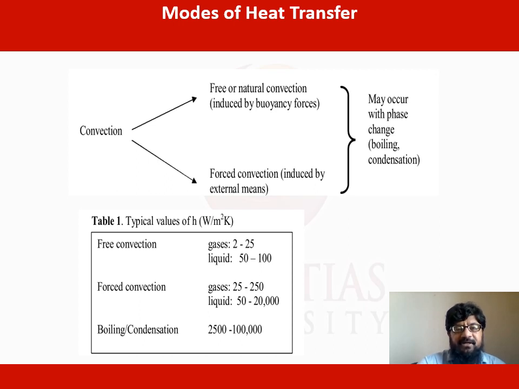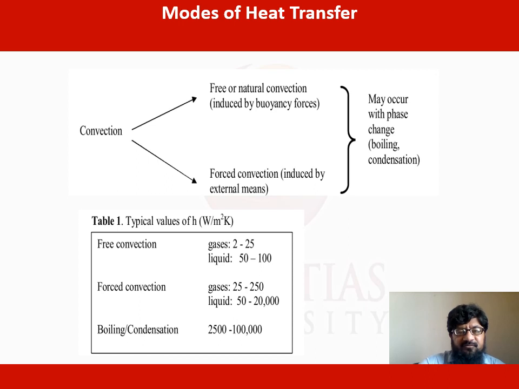So by comparing the typical values of heat transfer coefficient, we can know which mode of heat transfer is faster. So in case of gases, the coefficient of heat transfer for free convection ranges from 2 to 25 and in liquid it is quite high, in the range of 50 to 100.